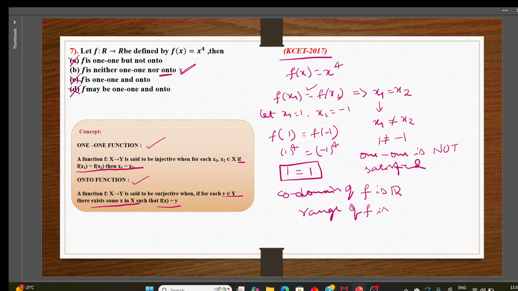The range of f is the closed interval 0 to infinity, because x to the power of 4 is there, so all values are positive only and the numbers start from 0. Therefore, f is not onto. Clear?